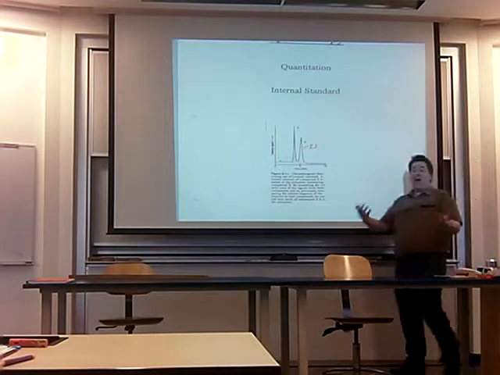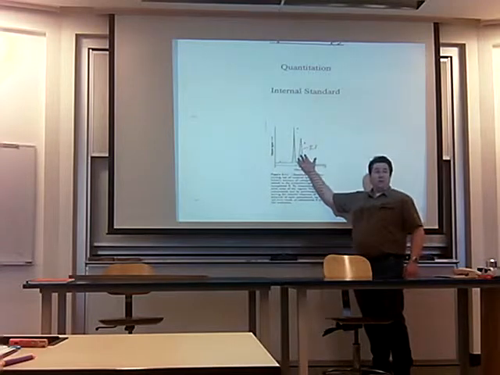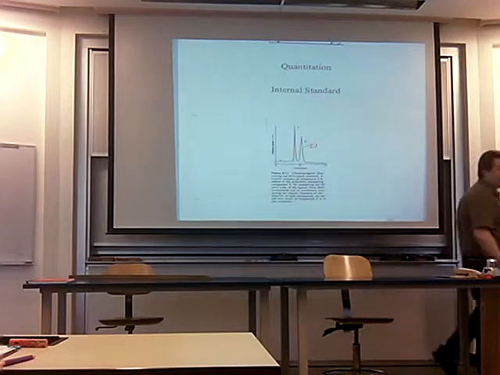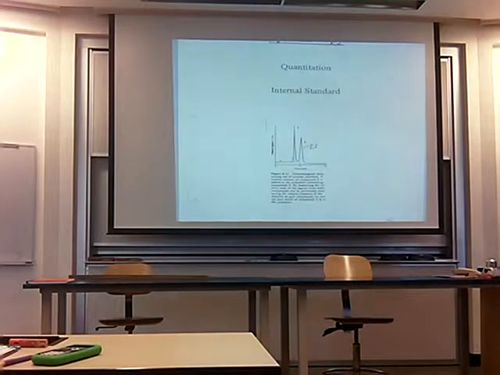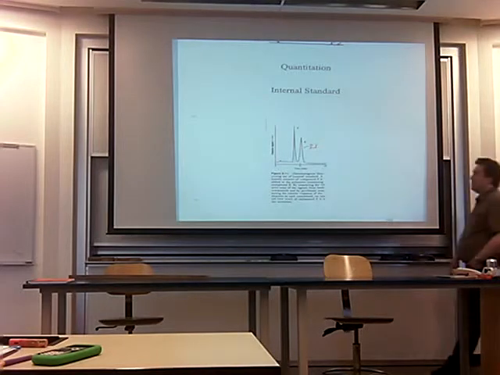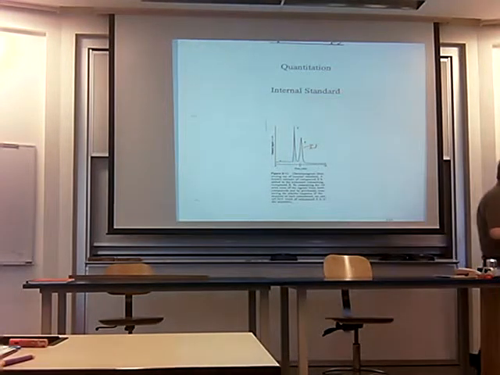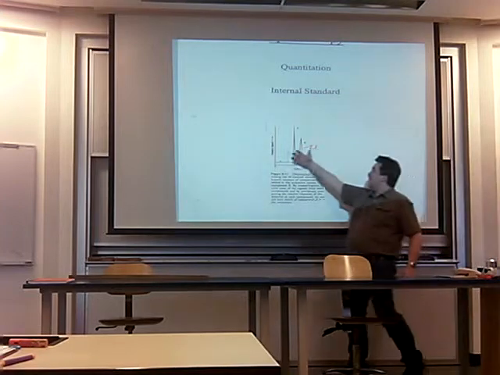If you spill half of the mixture, the assumption is that if it's well mixed, you spill half the internal standard and half of your product. There's no reason to assume that when you spilled half of it, all of it was internal standard and none of it was product. It should be an equal amount of each. If there's a drop left in the bottom of the beaker when you transfer, the assumption is that you're going to have equal amounts of the internal standard and the unknown.